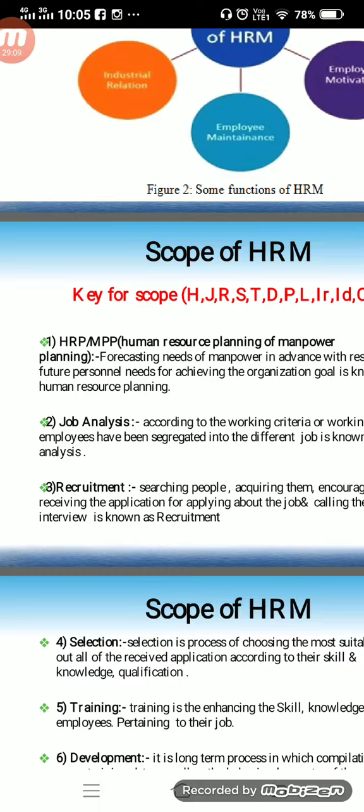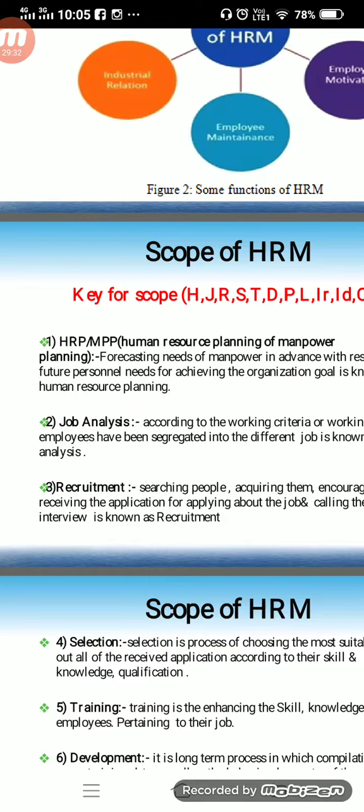So getting the maximum applications from the market, then screening these applications, whatever degree, whatever expectations we have mentioned in the advertisement, the particular persons we require. The point is the screening. So we screen them: is this applicant eligible for the organization, yes or no?